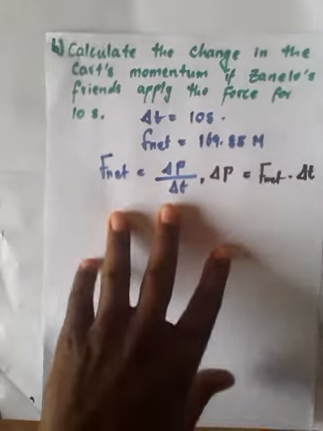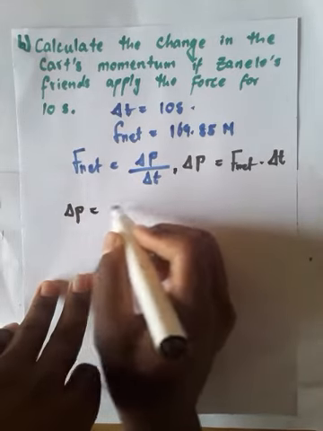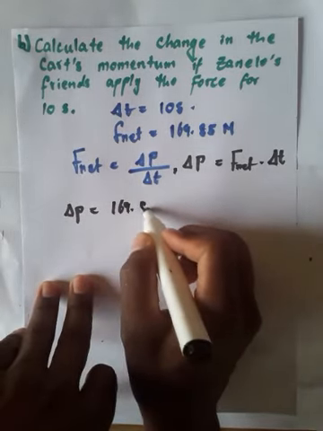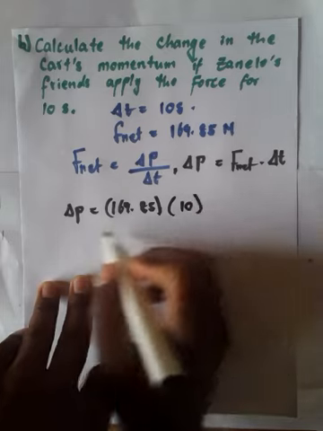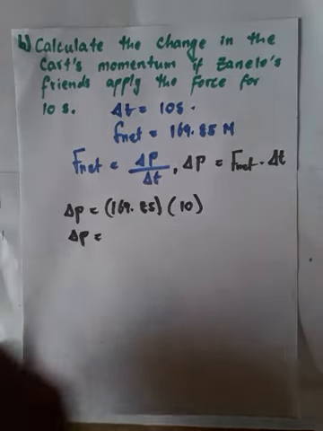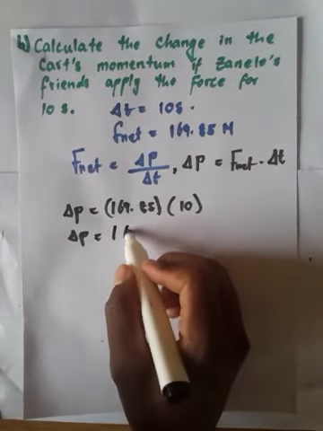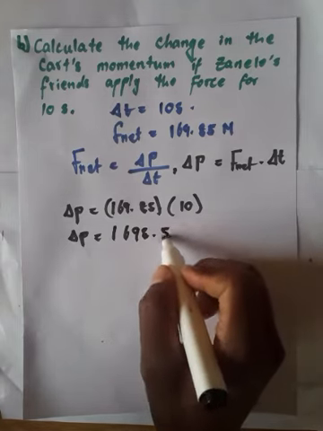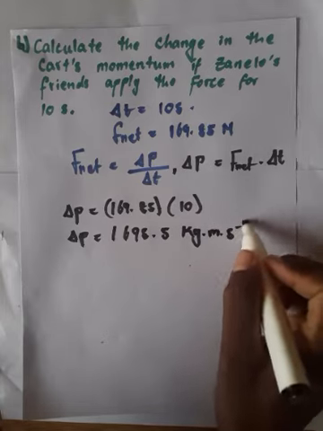Substituting, the change in momentum P is 169.85 multiplied by 10 seconds, which is 1698.5 kg m/s.